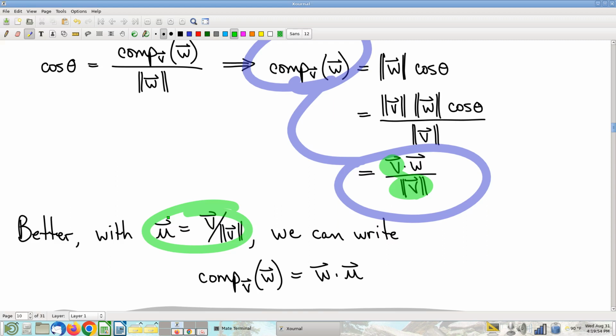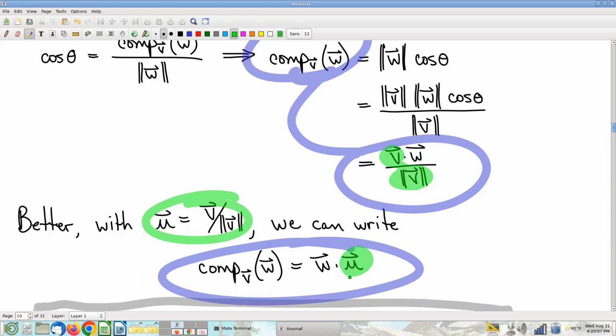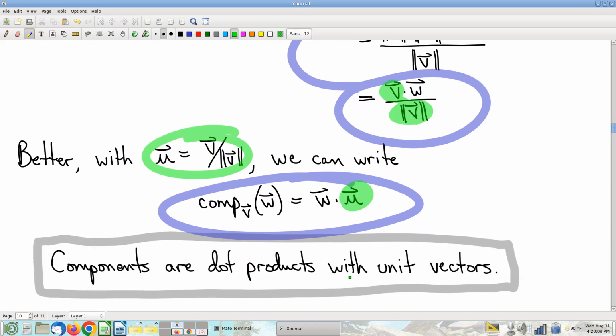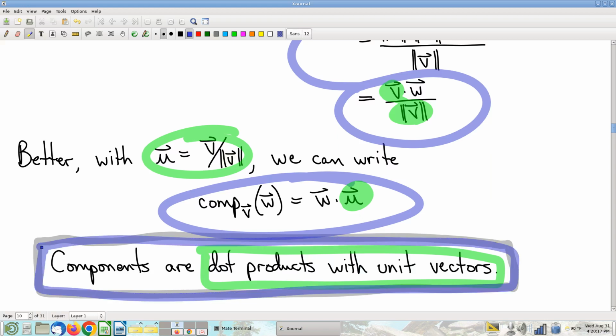This is the unit vector pointing in that direction. So altogether then, components are computed as a dot product with unit vectors. It's a really, really nice little formulation. Dot product with the unit vector is how you compute a component. Very convenient.